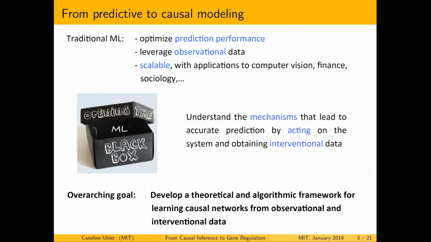And in traditional machine learning, because you care about prediction, all of the methods are really made to leverage observational data. But if you want to get to the causal mechanisms, you need to be able to make use of interventional data as well. And so one of the goals of our research is really to develop a theoretical and algorithmic framework for being able to make use of observational and interventional data for learning the causal mechanisms or causal networks.